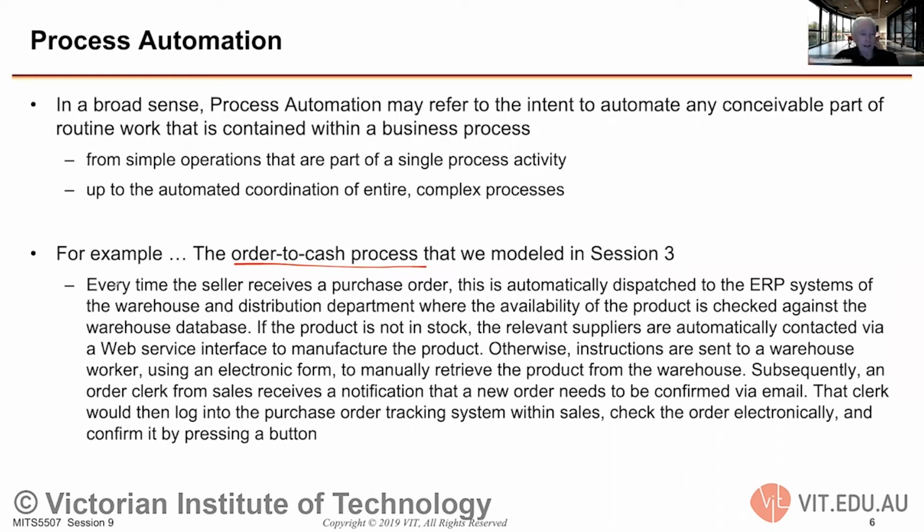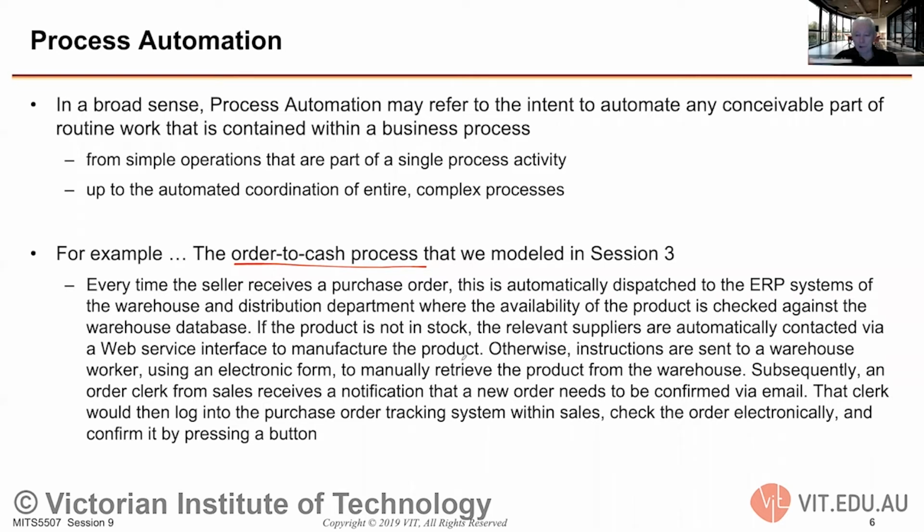Every time a seller receives a purchase order, this is automatically dispatched to the ERP systems of the warehouse and the distribution department, where the availability of the product is checked against the warehouse database. If the product is not in stock, the relevant suppliers are automatically contacted via a web service interface so they can manufacture the product.